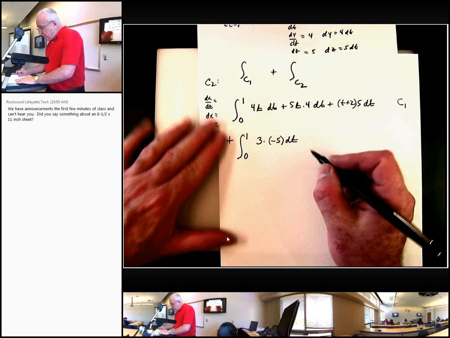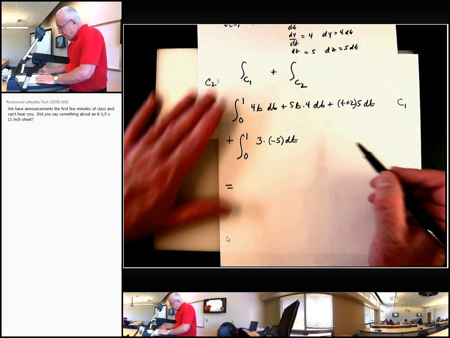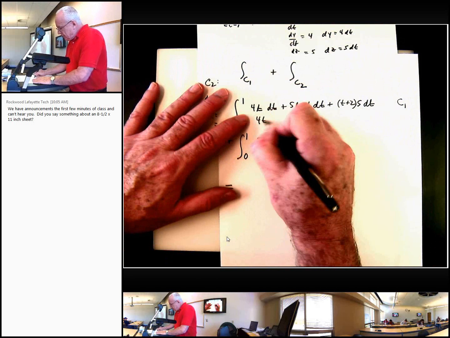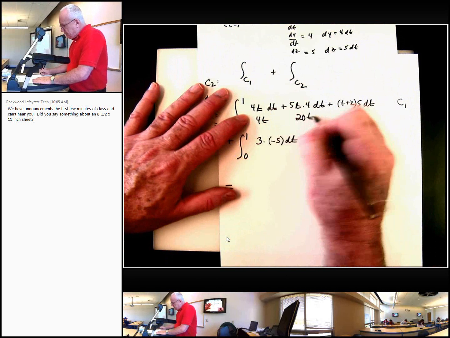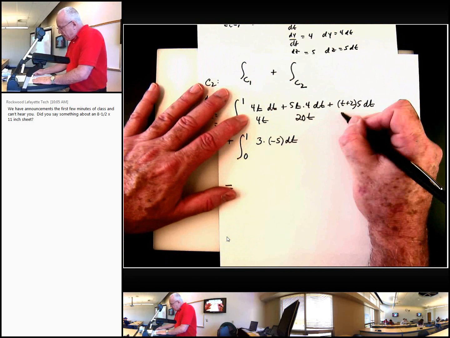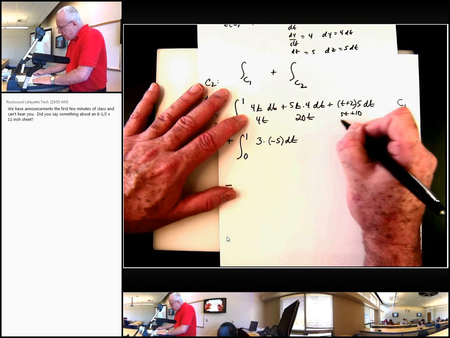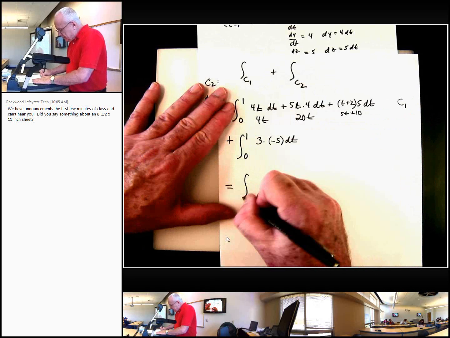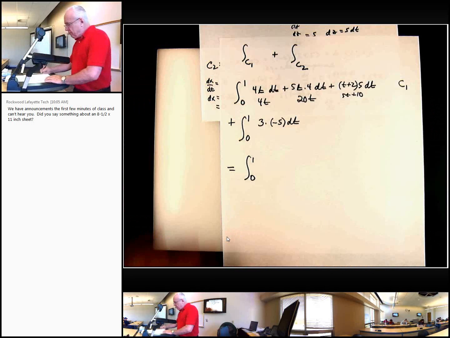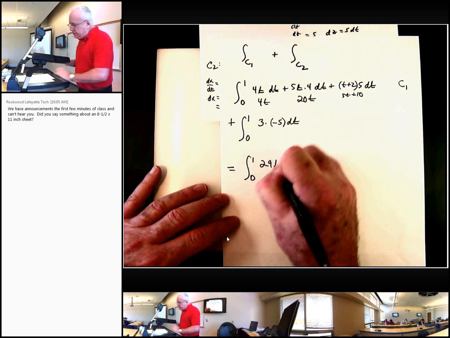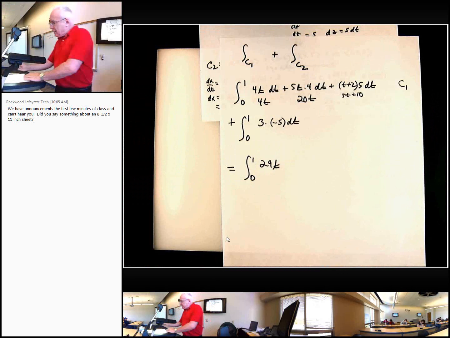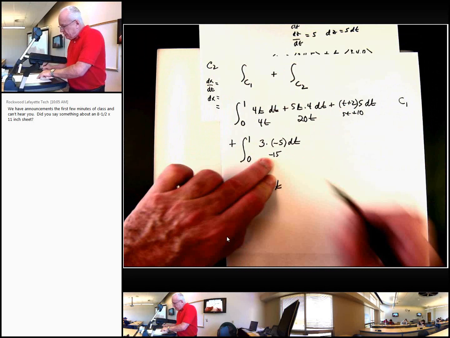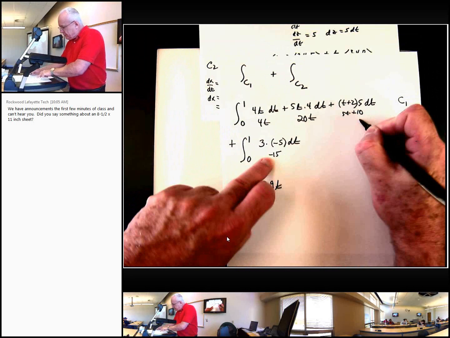So let's see what we get here. Let's combine everything. I've got 4t, this is 20t, this is 5t plus 10, so I have another 5t. If we add up all the t's, from 0 to 1, I've got 29t. And for the constants, this is a negative 15 here, and this is a plus 10.